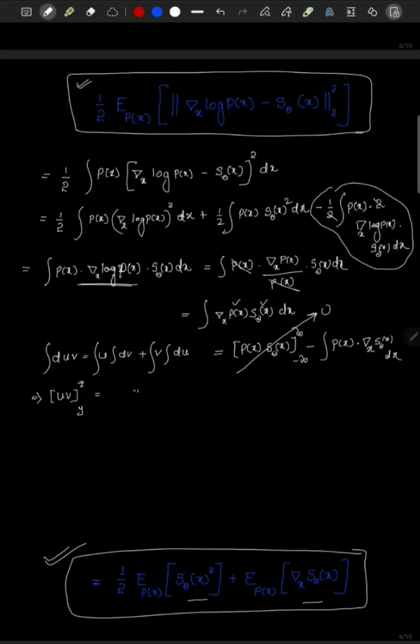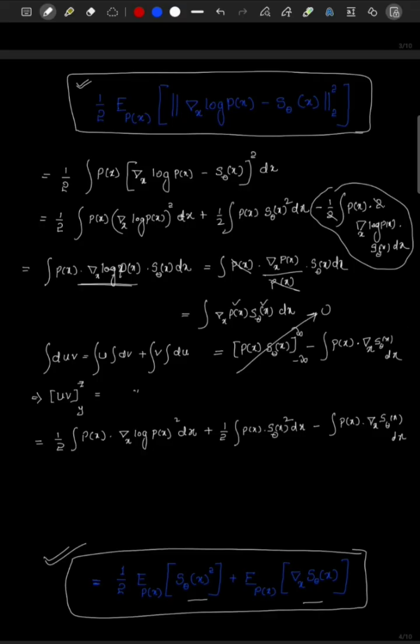So what will we have? It is half of the integration of gradient of x log p(x) squared dx, plus half into the integration of p(x) s theta of x squared dx, minus the integration of p(x) gradient of s theta of x dx.